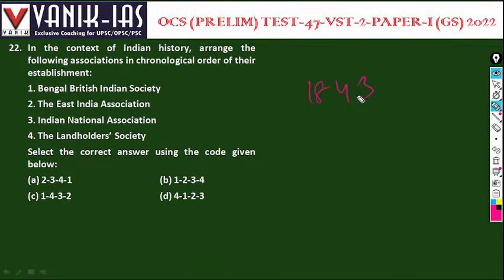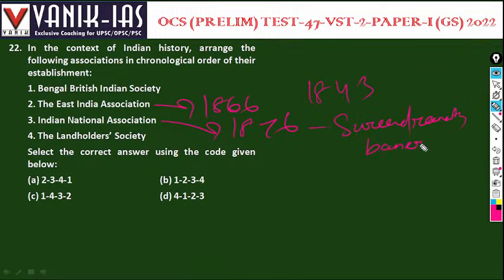Next, the East India Association, established in 1866. Then the Indian National Association, established in 1876 by Surendranath Banerjee, right?